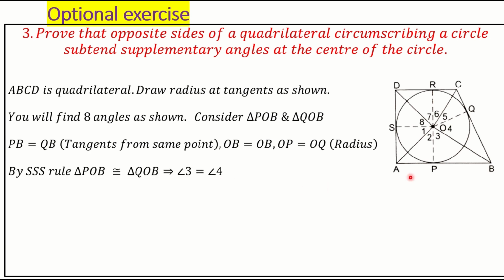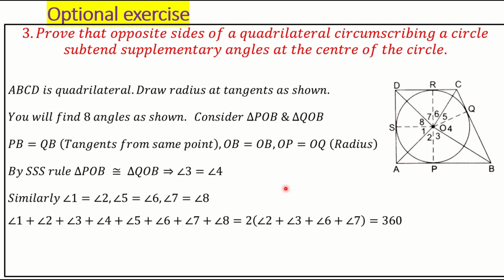Once you know that these two are congruent triangles, these two angles are the same. 3 equals 4. Similarly, 5 equals 6, 7 equals 8, 1 equals 2. So once you know all these things, you can play with it very easily. Half of those angles are pairs of equal angles, right?